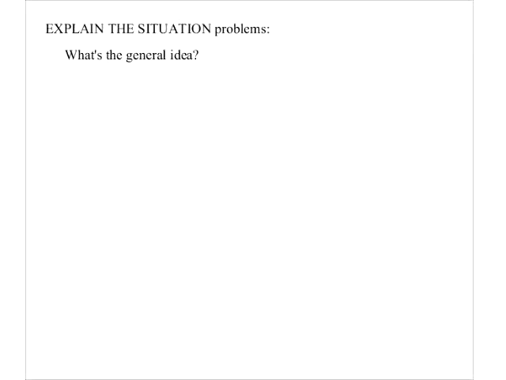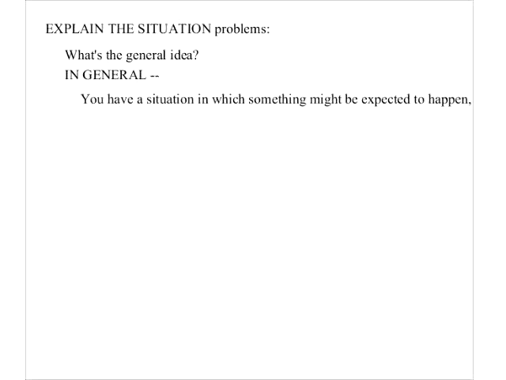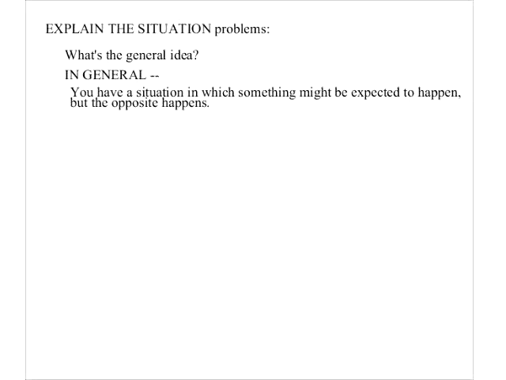You have an apparent contradiction. It's not just a comparison between events. It's a situation in which something might be expected to happen, but the opposite happens. Because something needs to be explained. Something is surprising or something is unexpected.